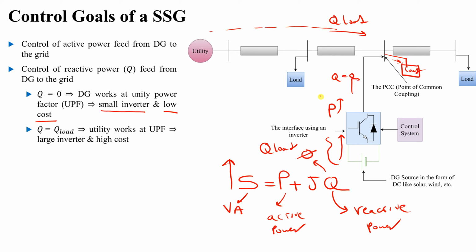So it will give Q load to our load, and we will not take this from the grid. Since we have a greater S, it means we will need a larger inverter and higher cost. In this case, our grid will work at unity power factor. Why? Because we don't take Q from it. We only take reactive power if needed.